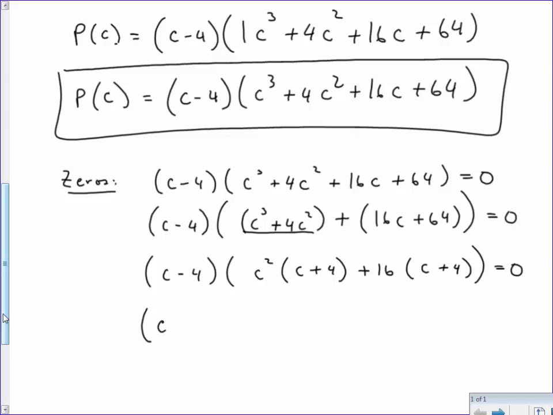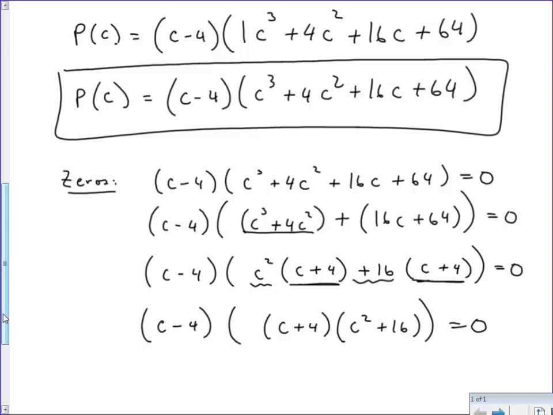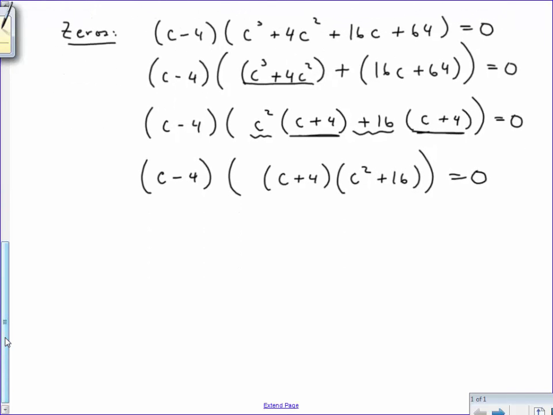And then from there, leave the c minus 4. Notice that these two factors are common, so we're going to write that just once. And then the things that are left over here and here, we would have c squared plus 16. And then this has been completely factored. Notice here that this is a sum of squares which cannot be factored further.